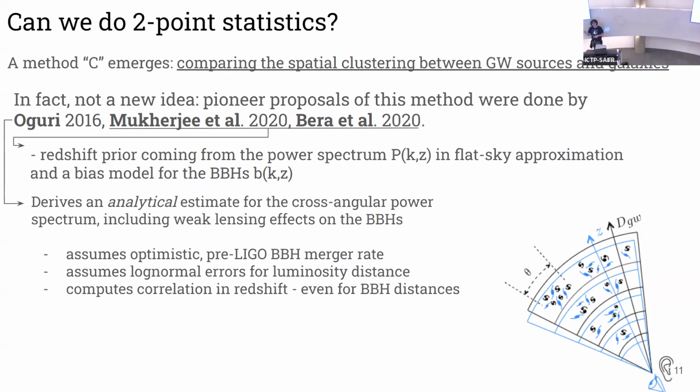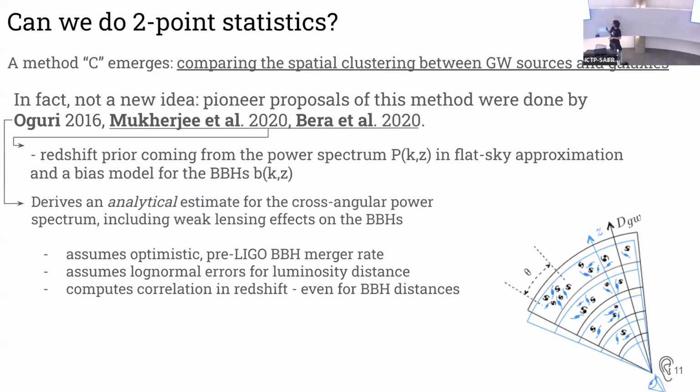The problem is, he did this almost 9 years ago now. So he assumed very optimistic merger rates and very simplistic errors for the luminosity distances. But his idea was very nice, and we really don't know why it didn't stick. So that's where we enter.